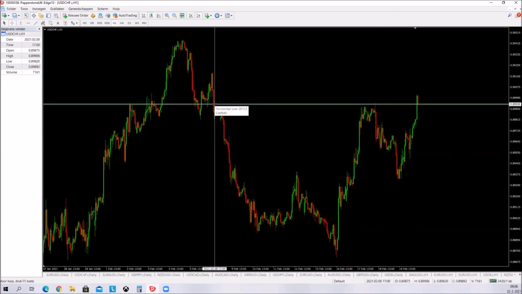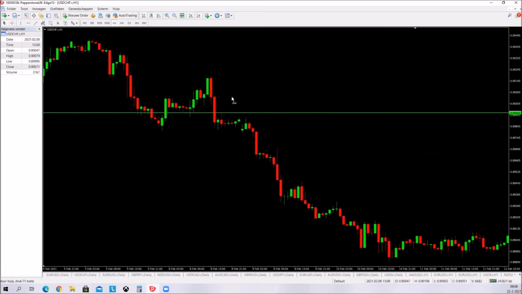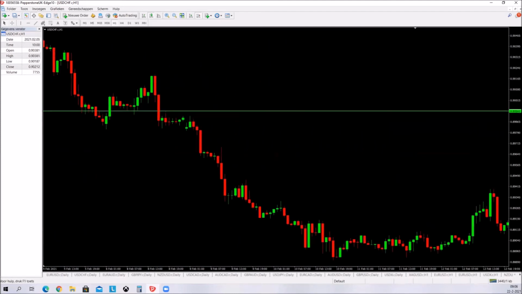And as you can see, this high, it might be hard to spot, so let me zoom in. This high of this candle is once again the last high price made before this massive move to the downside. So once again, this is a high of decent importance, and I always take note of these spots.